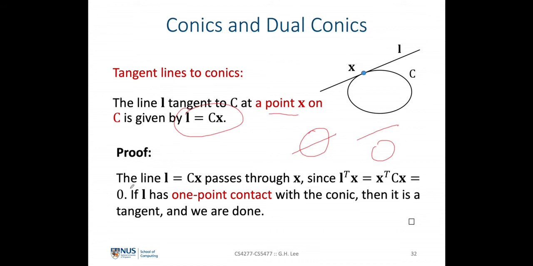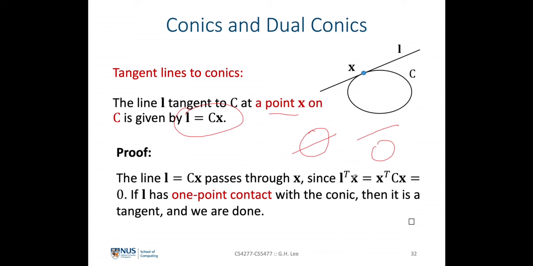Here's the proof in the algebraic sense. So the line L equals Cx passes through x, which is denoted in this figure over here. This means that this line is a tangent line to the conic C, since there's only a unique point of intersection here at x.